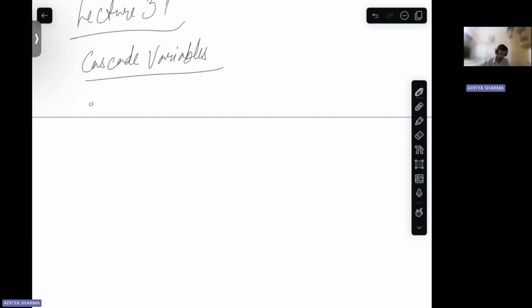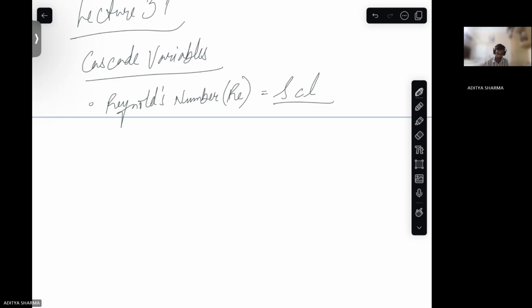The different cascade variables. One is your Reynolds number, which is rho C L by mu.